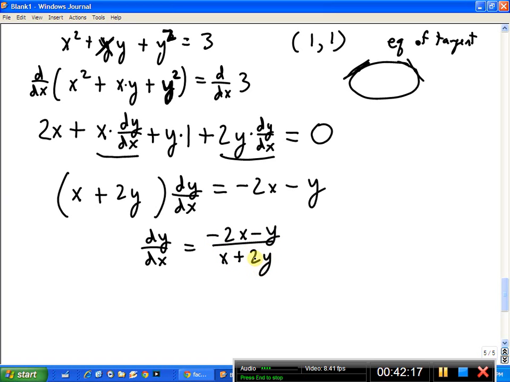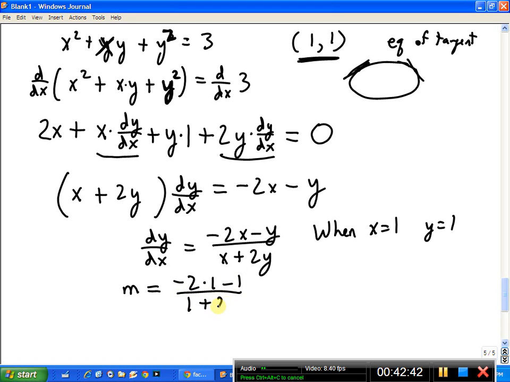But I'm not really interested in dy dx everywhere. I'm interested in dy dx at (1, 1). So when x equals 1 and y equals 1, dy dx at that point, which would be the slope of my tangent line, is going to be minus 2 times 1 minus 1 over 1 plus 2 times 1.